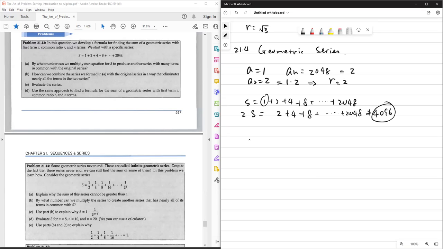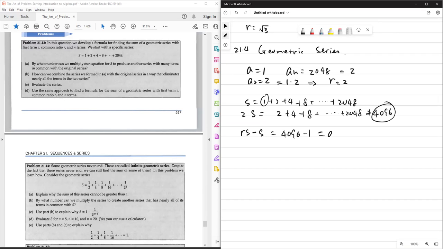So now, instead of adding the two, what I'm going to do is rs subtract s. So all the middle terms are going to cancel out. In this case, it will be 4096 minus 1.